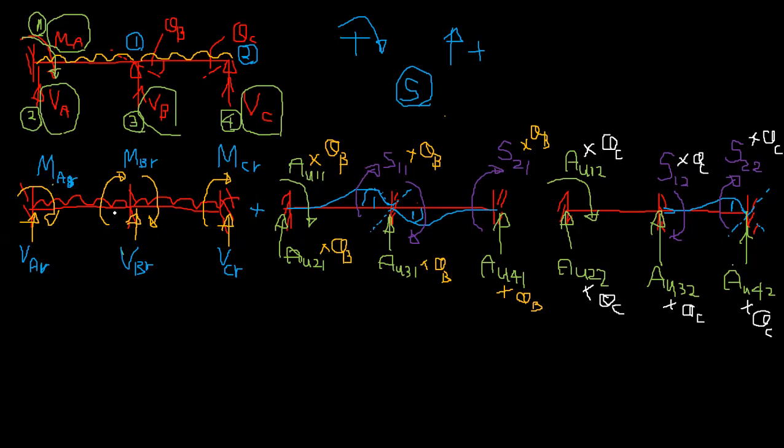What I did was I bring theta B and theta C to 0. Then I apply a unit rotation at each step in 2 steps, right? I have 2 displacements. I have applied one at a time. How? I'm applying a unit rotation.